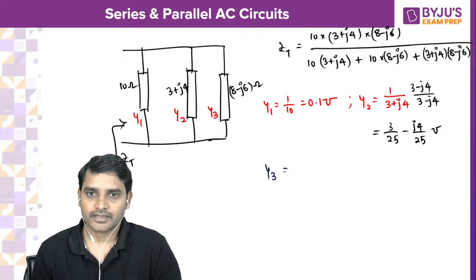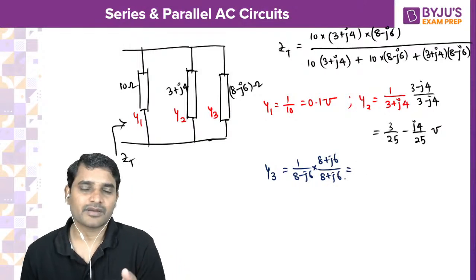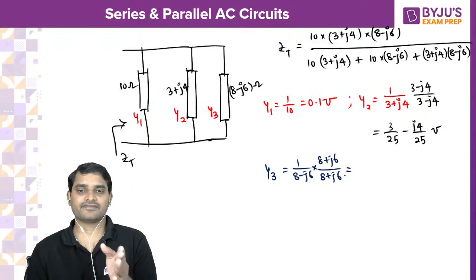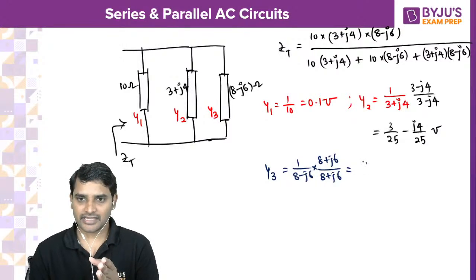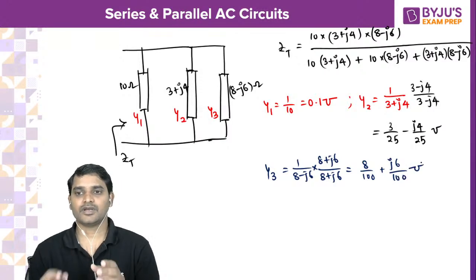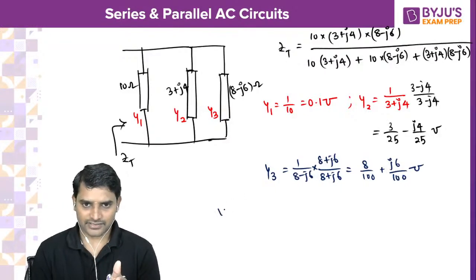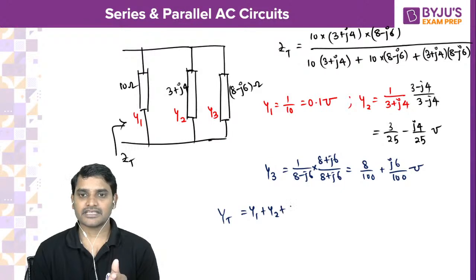Similarly, y3 is 1 by 8 minus j6. Again multiply and divide by 8 plus j6. So 8 square plus 6 square is 64 plus 36, 100. So y3 is 8 by 100 plus j6 by 100 mho. Now the total admittance will be y1 plus y2 plus y3.